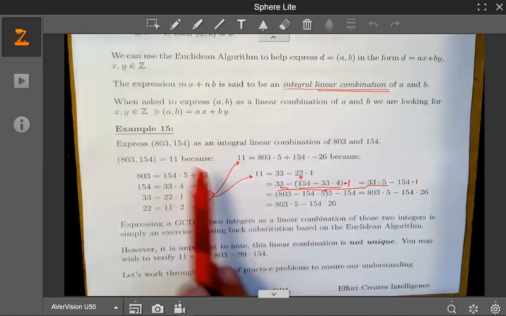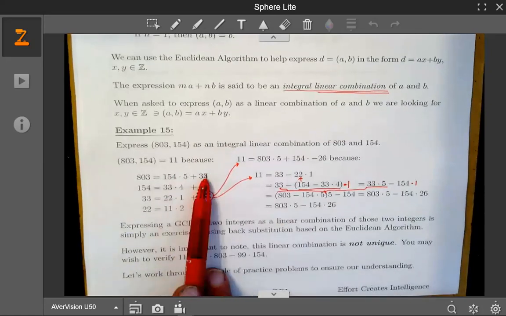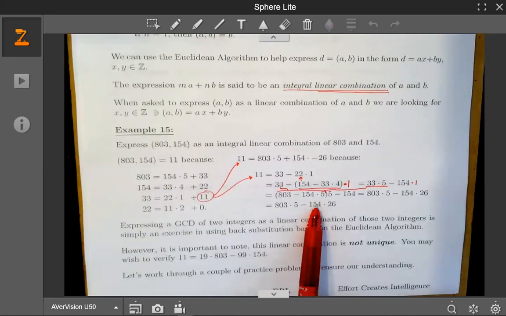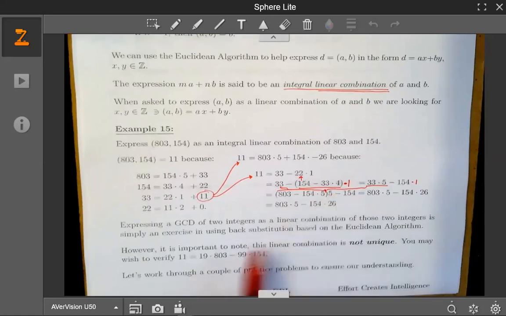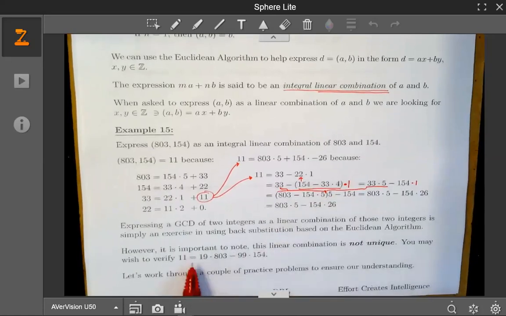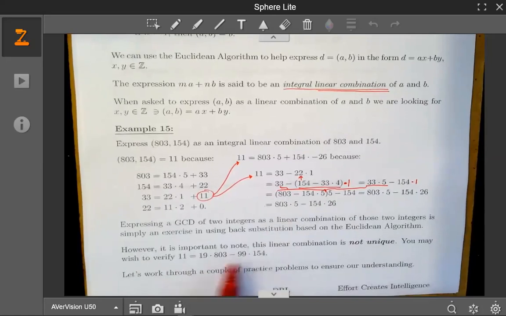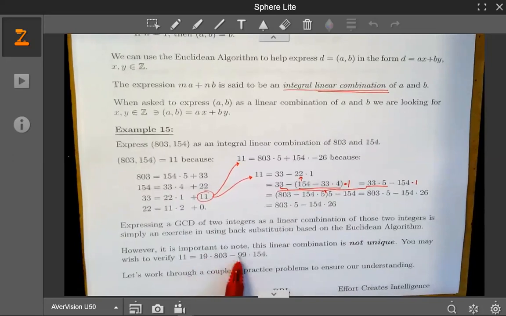But this process, using the Euclidean algorithm, will always give us a solution. In another video later on, we'll discuss how we can find all the other solutions. But for this situation, x would be 19 and y would be negative 99.